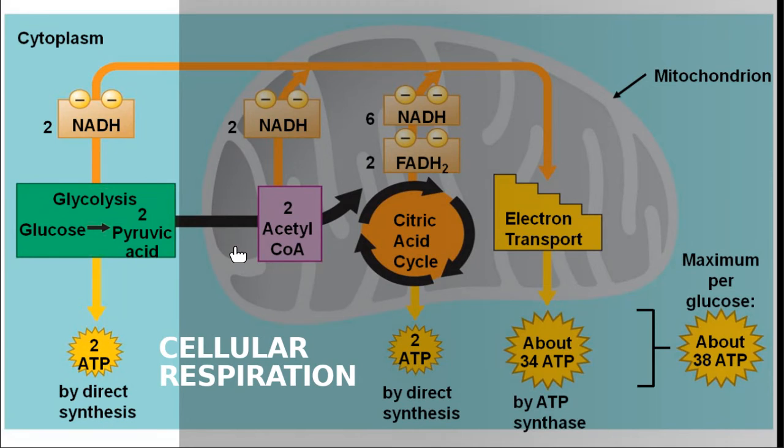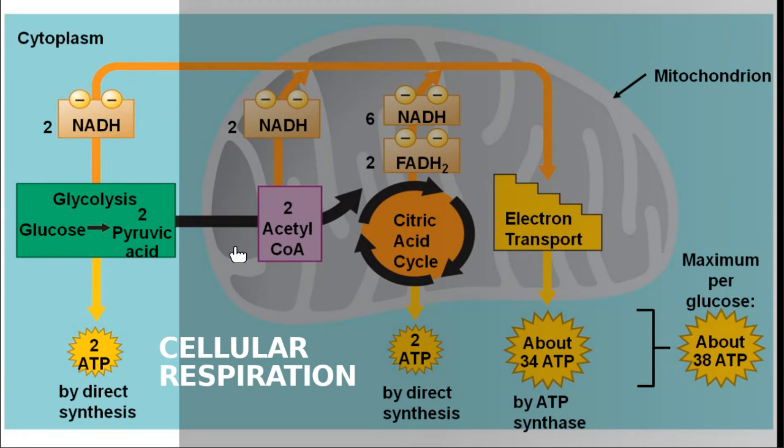And what comes out of our prep step? Acetyl-CoA. Yeah, and we get 2, right? Because we have 2 pyruvate. Each pyruvate is going to go into the prep step, so that means we do it twice, and we get 2 acetyl-CoA out of the deal.